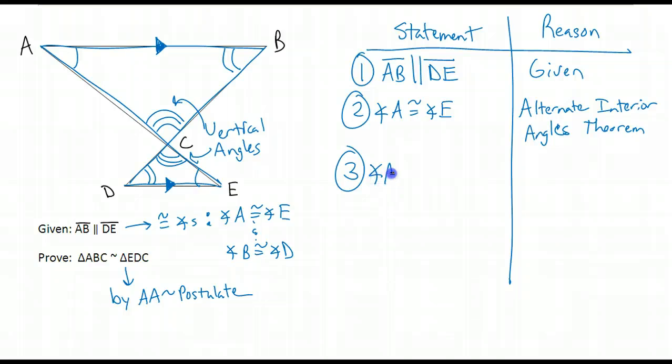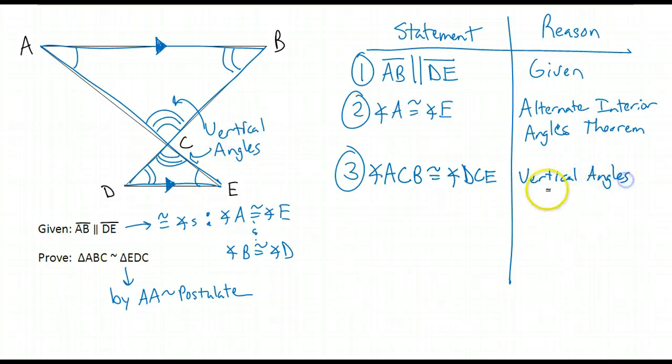I'm going to say angle ACB is congruent to angle DCE. And those two angles are congruent because they're vertical angles. So by the vertical angles theorem, they're congruent.